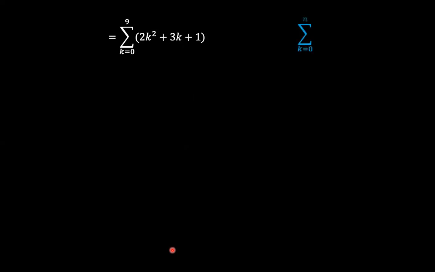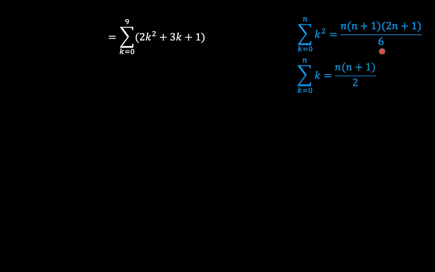Now we know some basic series formulas here. The summation of k squared from k equals 0 to n is n times (n plus 1) times (2n plus 1) over 6. The summation of k from k equals 0 to n is n times (n plus 1) over 2. Since our n is 9, for 2k squared we have 2 times 9, n plus 1 is 10, 2n plus 1 is 19, over 6.